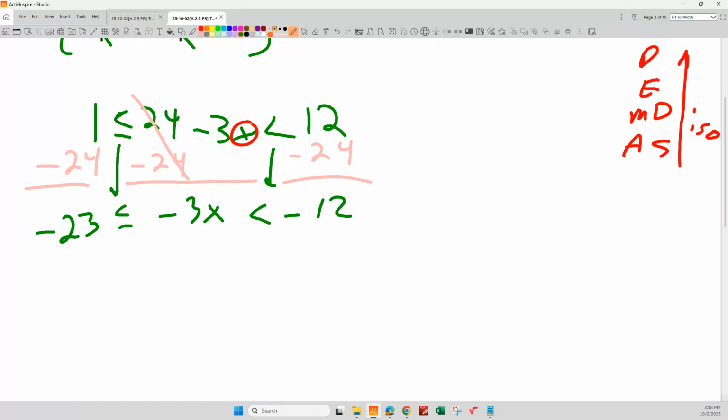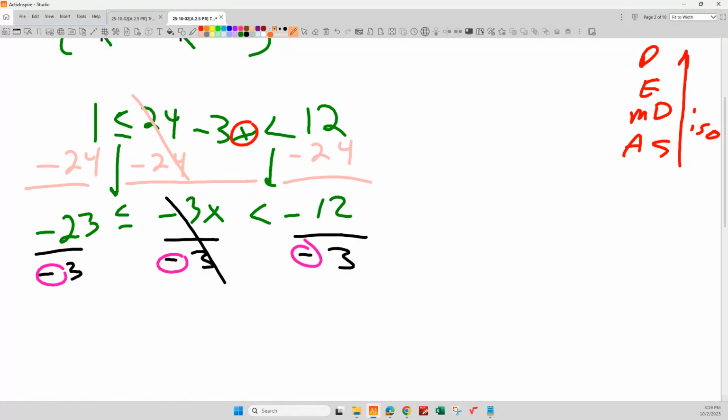Okay, what's the next step to isolate x? Divide, good, divide by negative 3. All right, so if we divide all 3 parts by negative 3, and keep in mind I'm dividing by a negative, so what do I have to do? If I multiply or divide an inequality by a negative, I always have to flip around the inequality signs.